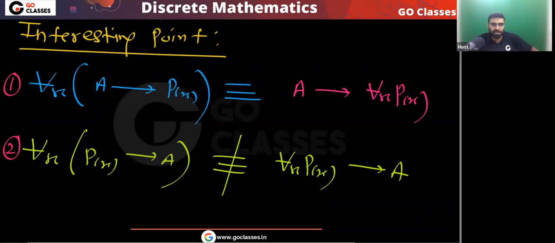Have you seen this type of situation in your general life? That the universal quantifier can jump when A is here, but cannot jump when Px is here. How to remember this?